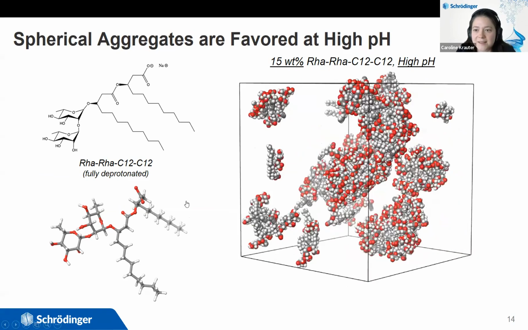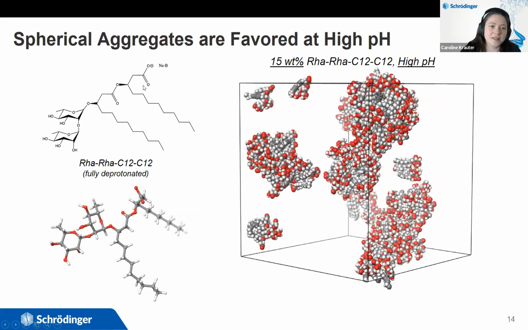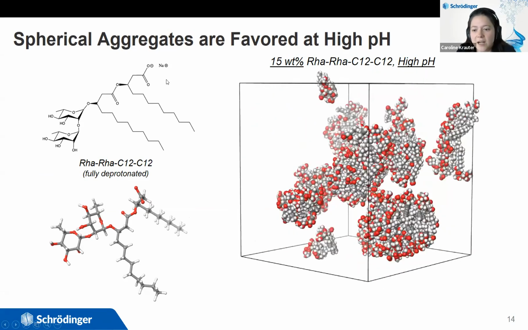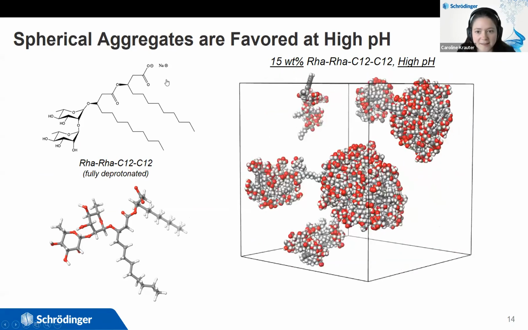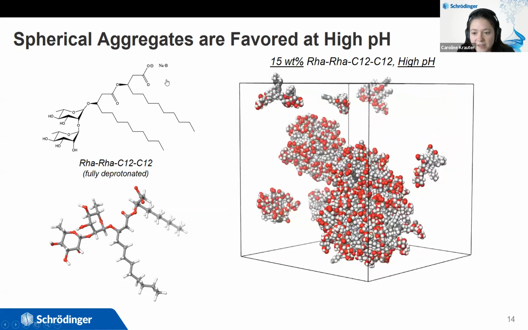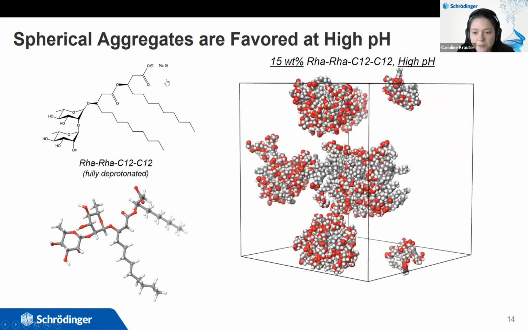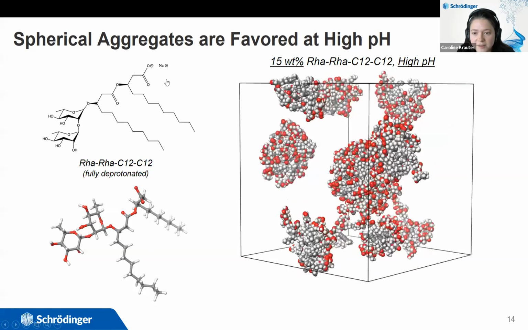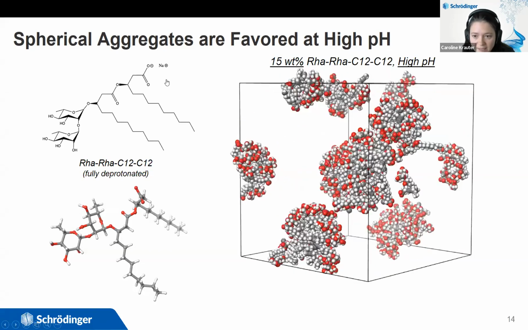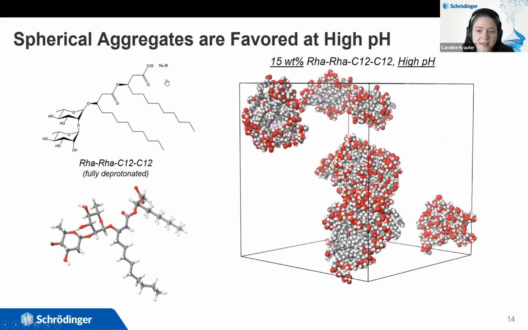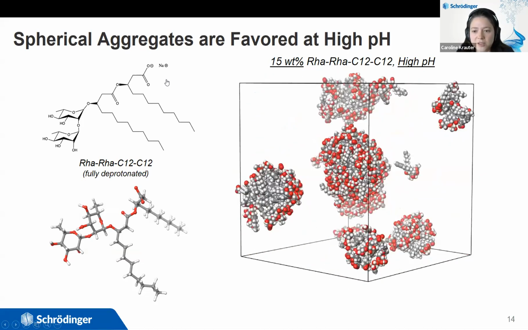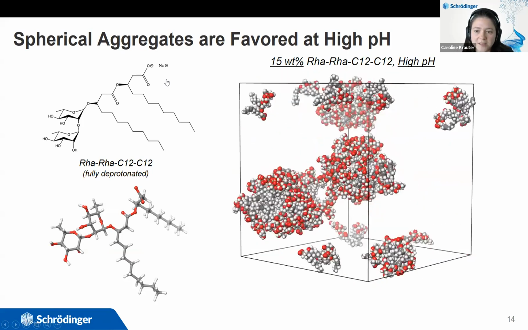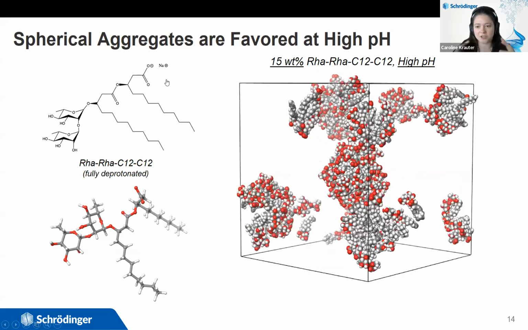So here in this case at high pH, where we have the deprotonated form, with sodium as counter ion, we have electrostatic repulsion between the head groups. And that's also seen experimentally: when deprotonating, that usually increases the disorder in these systems, and basically leads to the breaking up of larger structures that have formed in solution, leading to more micellar structures instead of these larger, more complex aggregates at low pH.